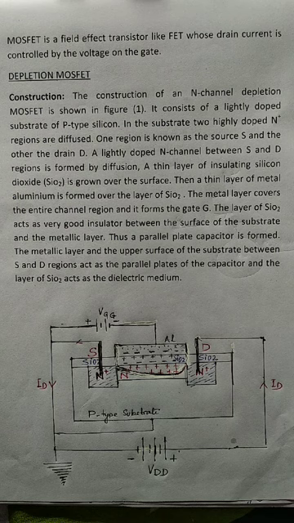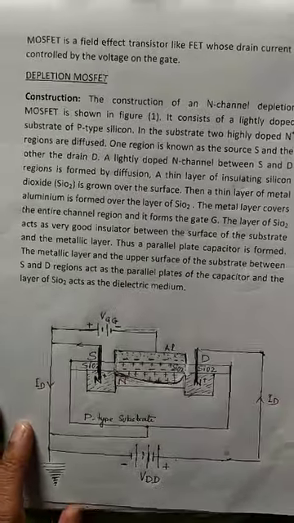Base decides the current. Here, voltage on gate decides current. So drain current is governed by gate.